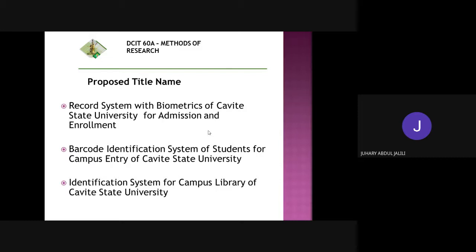This kind of identification system would be great for the campus library, and of course, this kind of system is sometimes used by schools abroad, and this kind of system is computerized, of course, and it can be a great alternative for logbooks, which would take a lot of time, and of course, not to mention the physical contact of people, most especially now at times of a pandemic.